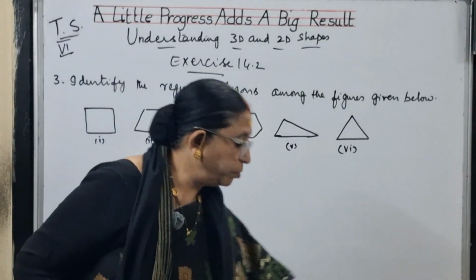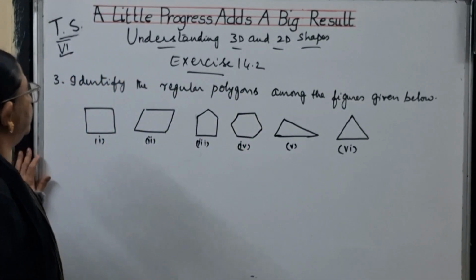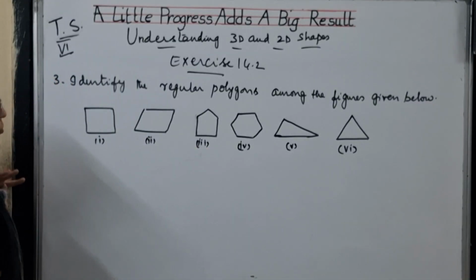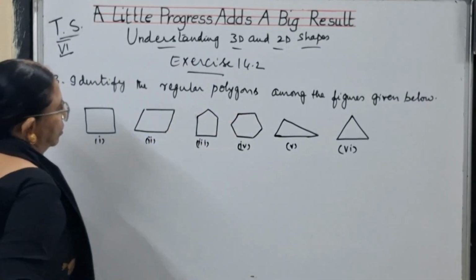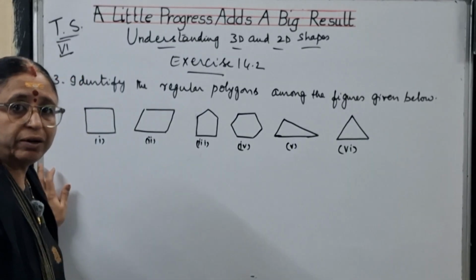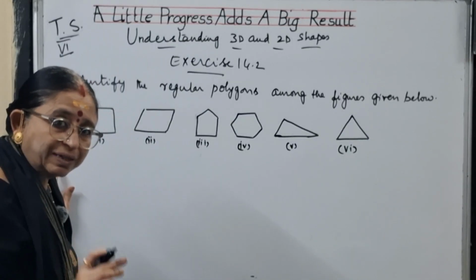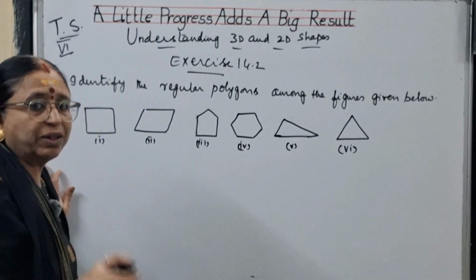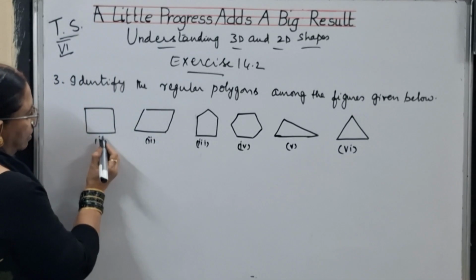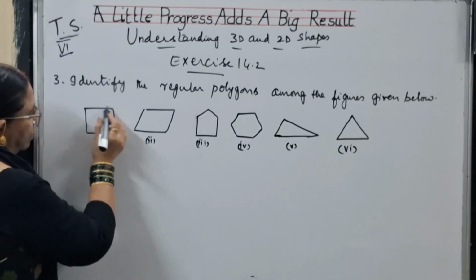Now, third problem, children. Identify the regular polygons among the figures given below. What is the meaning of regular polygons? As I told you, regular polygons are those polygons which have all the sides equal and all the angles equal. So here, when you take this one, see, it is a square.